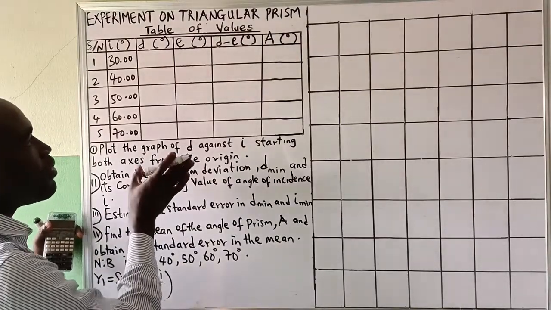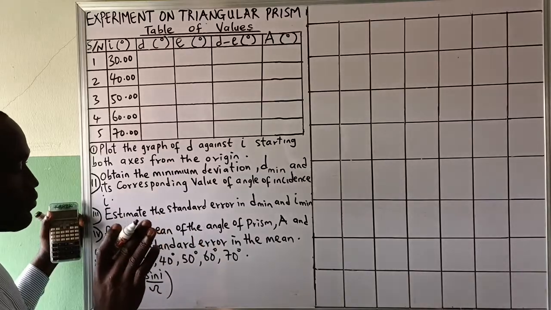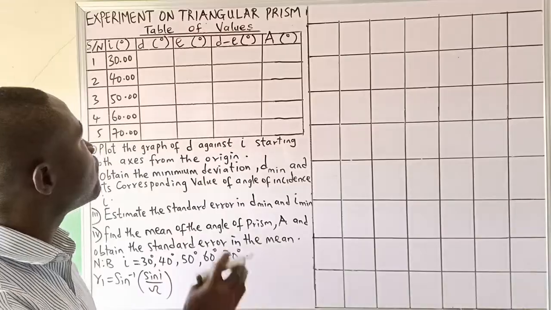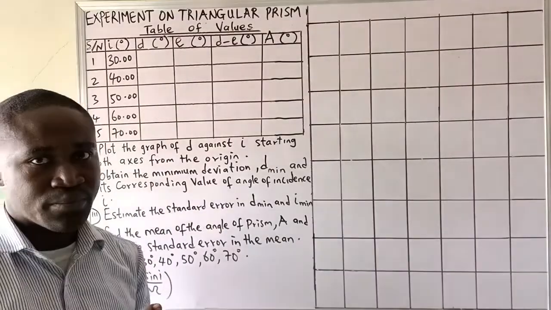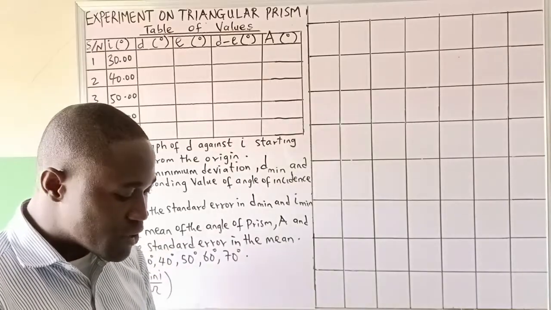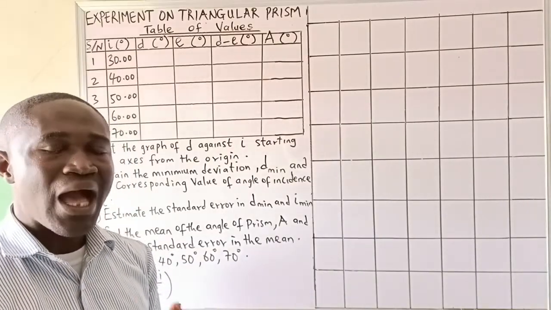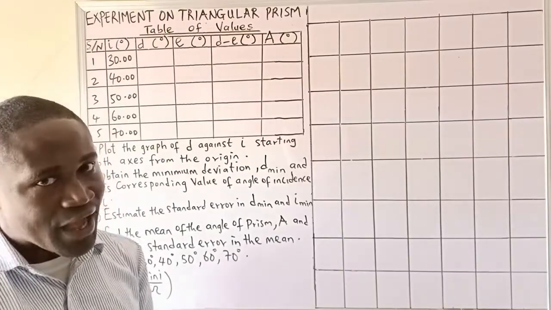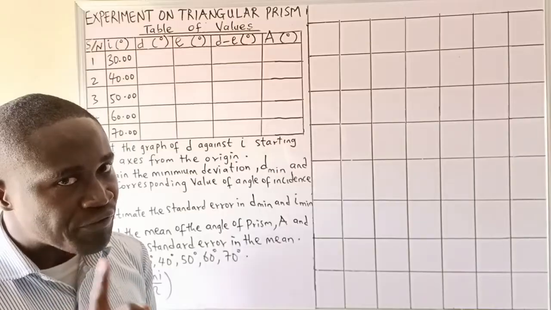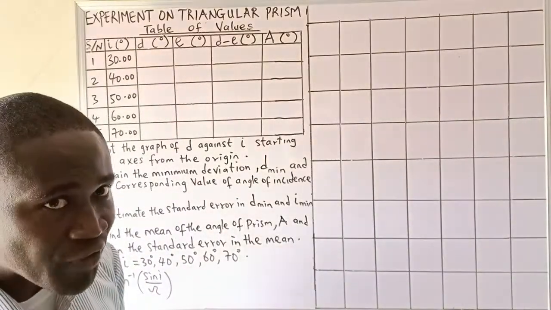For you to perform this experiment, what you need to remember is that the refractive index of a triangular prism, I repeat, the refractive index of a triangular prism or rectangular prism, is approximately 1.5.